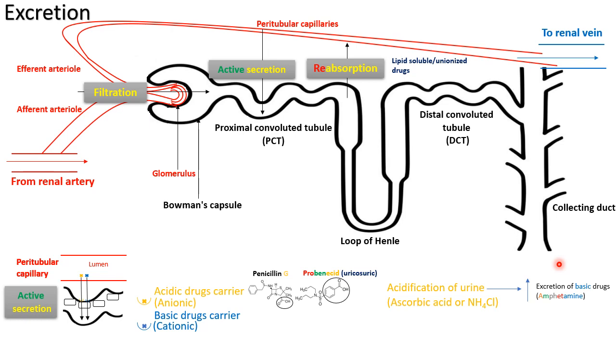Amphetamine is a CNS stimulant drug that is excreted unchanged in urine. This drug is somewhat toxic, and to increase its excretion to treat toxicity, we have to acidify urine with ascorbic acid or ammonium chloride to make the drug more ionized, water soluble.